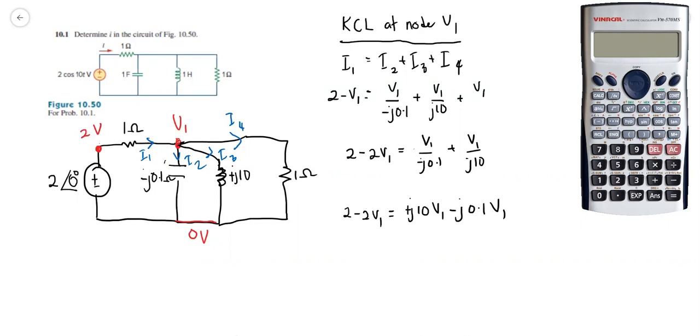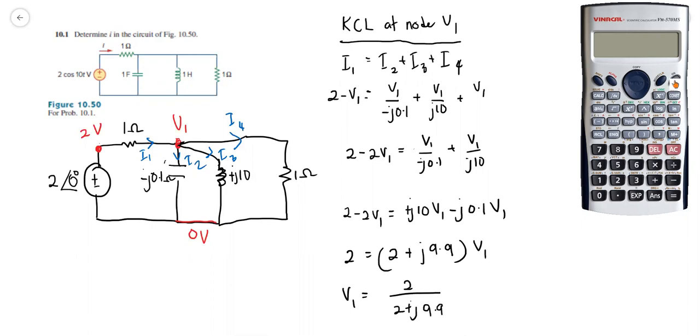Then rearranging, this is equal to 2, the real value, positive 2 plus j, which becomes 9.9 V1. So finally, your V1 is 2 over 2 plus j 9.9.